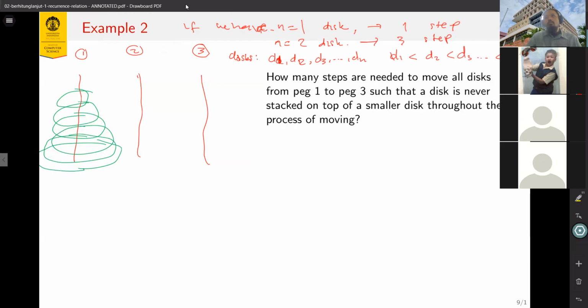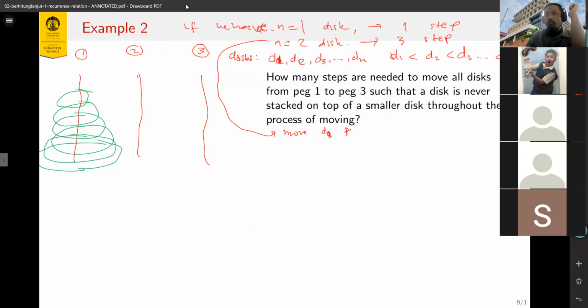So that means the 3 steps here are: move D1 from peg 1 to peg 2, and then move D2 from peg 1 to peg 3, and then move D1 from peg 2 to peg 3.